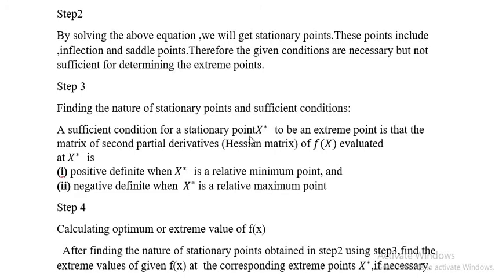A sufficient condition for a stationary point x star to be an extreme point is that the matrix of second partial derivatives, that is the Hessian matrix of f of x, evaluated at x star is positive definite when x star is a relative minimum point and negative definite when x star is a relative maximum point.